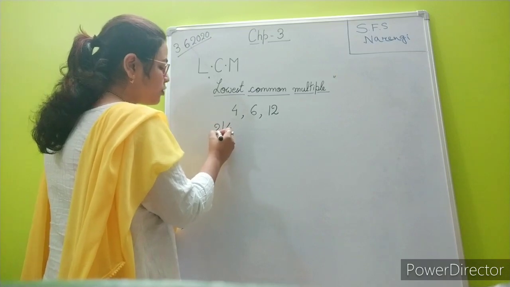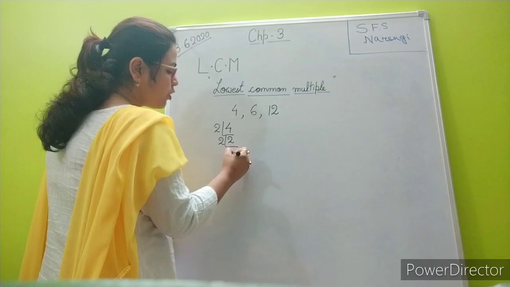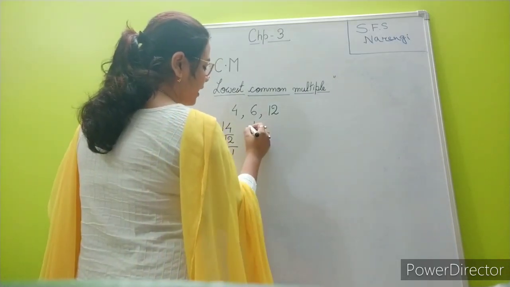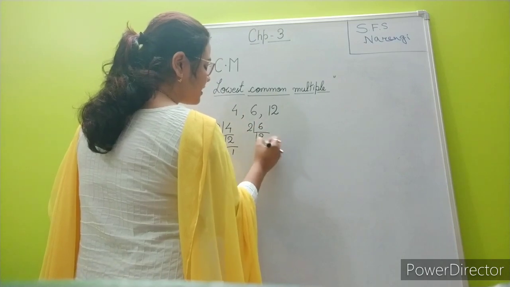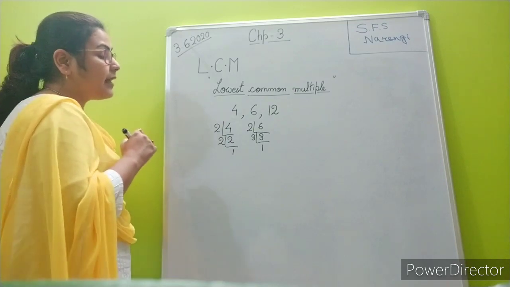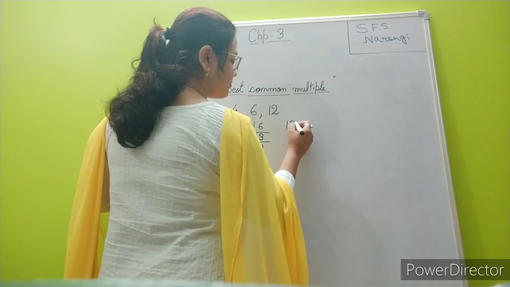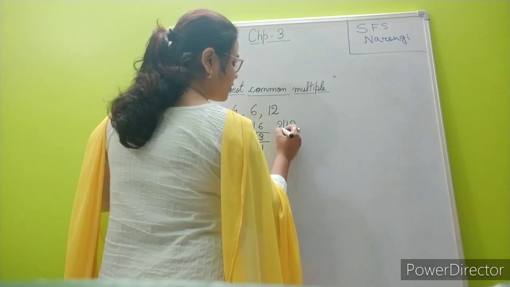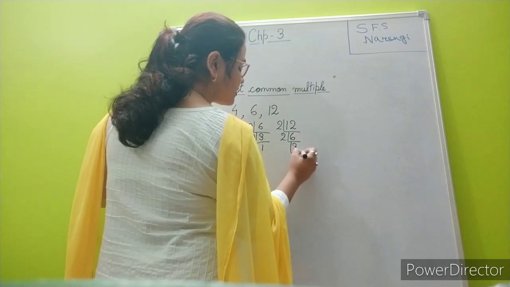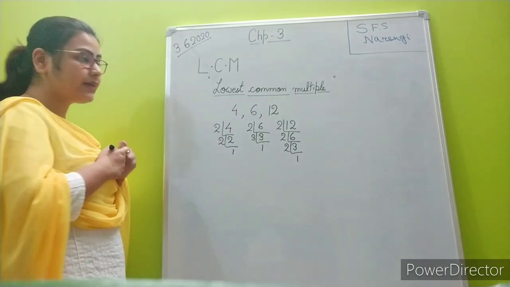First for 4: 2 twos are 4, 2 ones are 2. Next for 6: 2 threes are 6, 3 ones are 3. Next for 12, we again do the prime factorization: 2 sixes are 12, 2 threes are 6, 2 ones are 2.